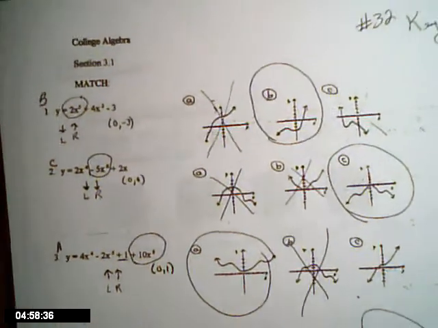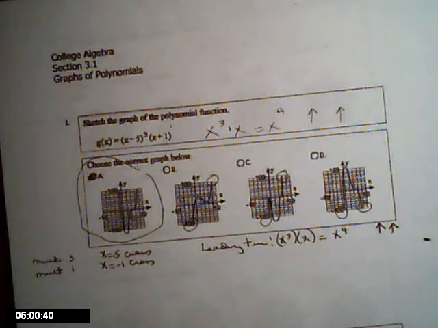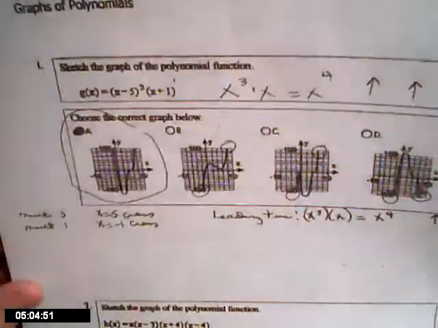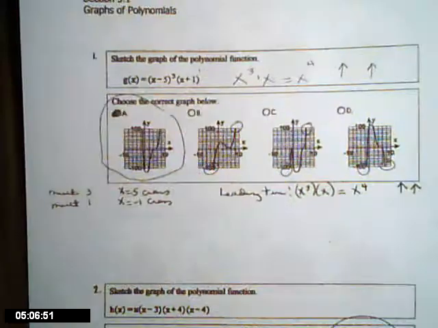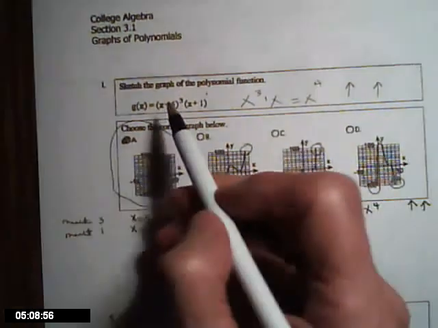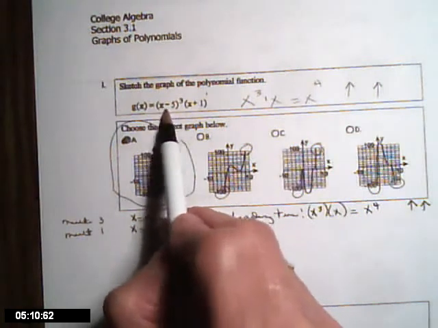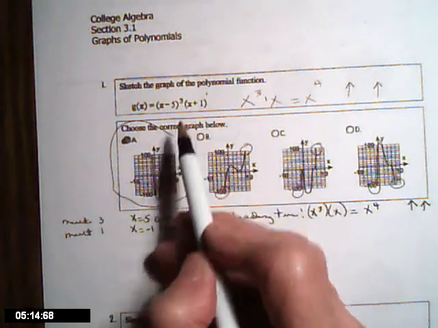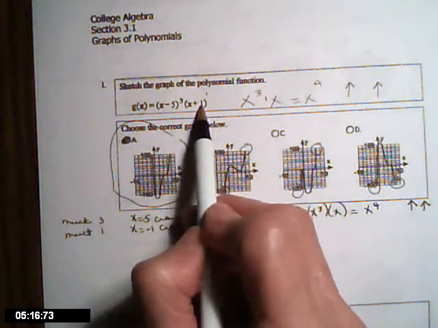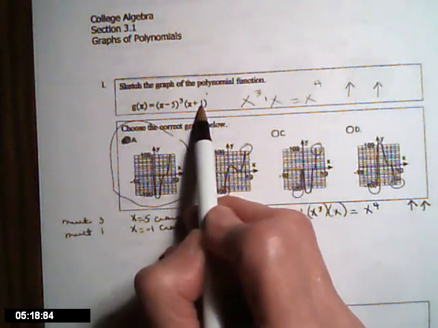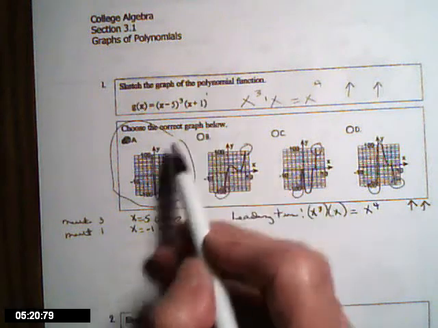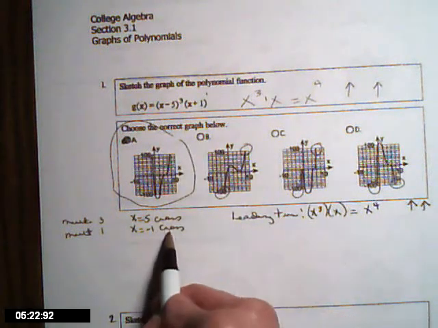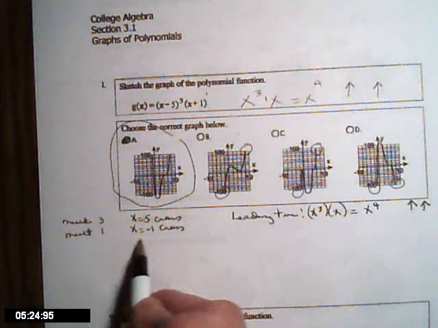Now on the next couple of pages you have problems actually taken from your homework, just the way they're going to be in your homework assignment. Looking at problem 1, we know that from this factor we'll have a 0 at 5 with a multiplicity of 3. We'll have a 0 at -1 with a multiplicity of 1, which means at -1 you'll be crossing the axis.